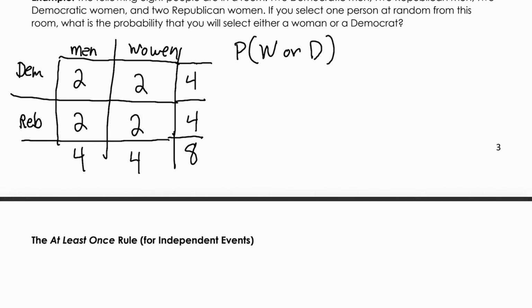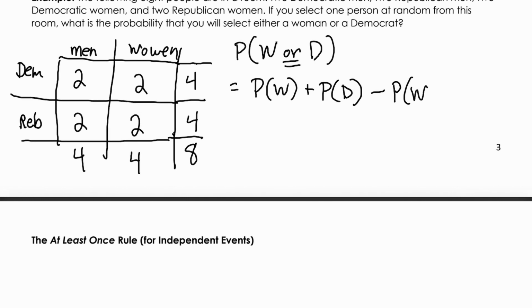So I want to find the probability of getting a woman or a Democrat. The fact that I'm looking for the probability of an or statement tells me that I'm going to use the probability of getting a woman plus the probability of getting a Democrat, and then I subtract off any possibility of overlap, so the probability of getting a woman and a Democrat, so that we don't count them twice.